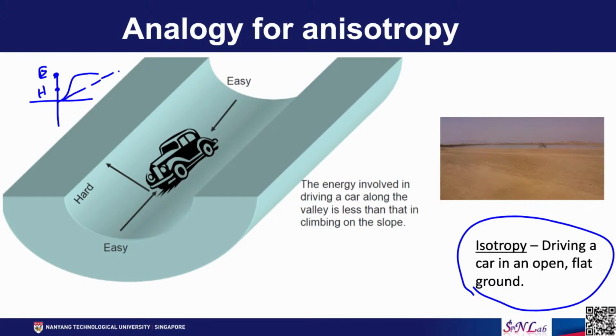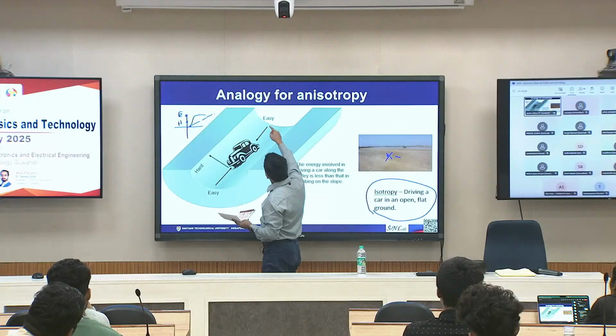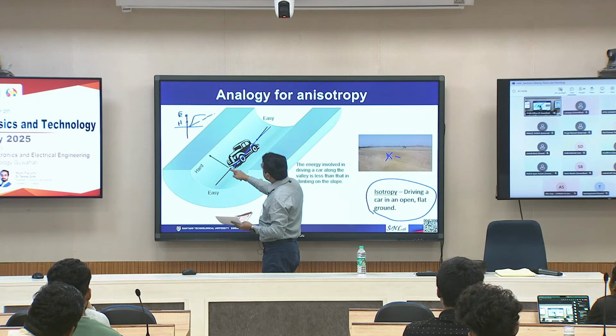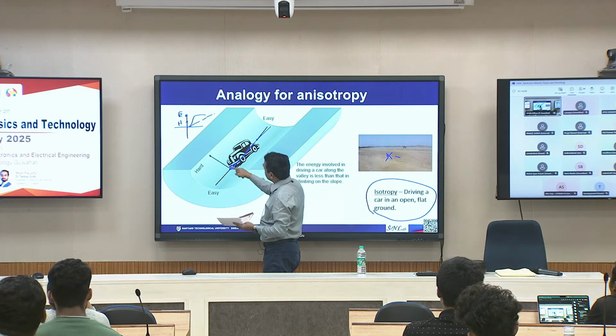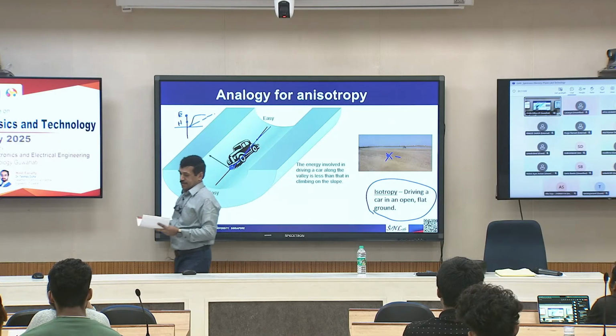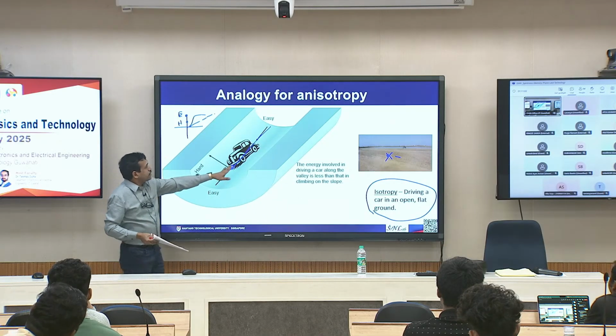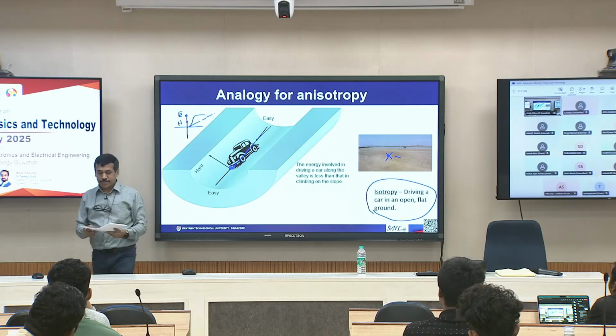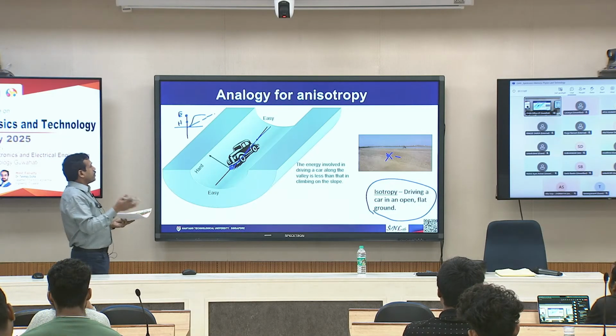Let us say you drive a car from here to here, and at this point you apply the brake, okay, remove the brake, your car will still be here. Same thing. In the easy direction, let us say you drive your car from here and you apply the brake, remove your brake, your car will still be here. So, the car will be left where you left it.